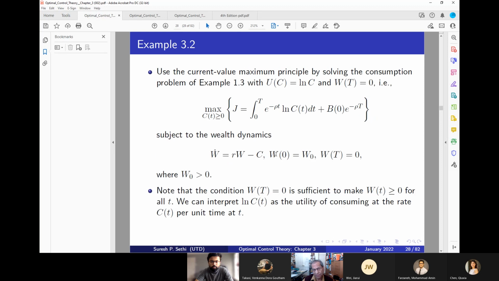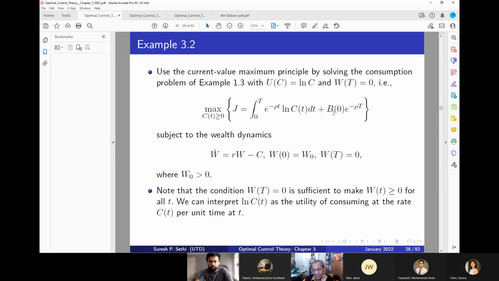So here is that problem. Here, wealth is fixed to be zero at the end. This person will like to consume, so he doesn't want to leave anything at the end. He wants to retire or die with zero wealth. Now, I put this only to make a connection with the next problem.